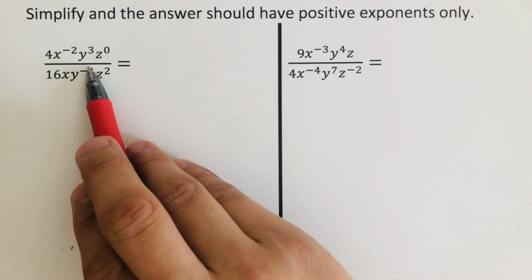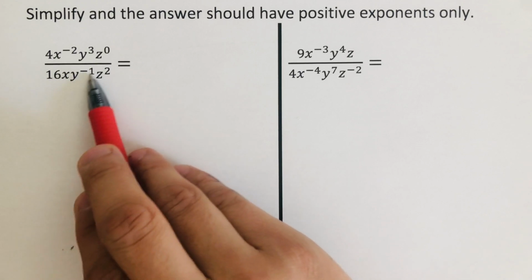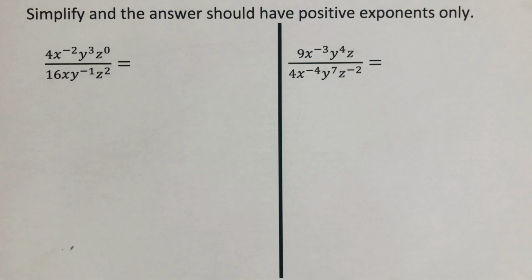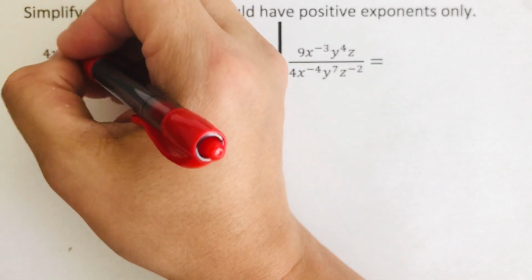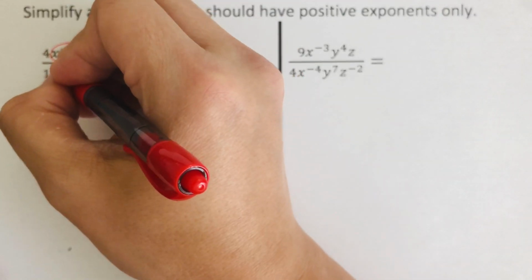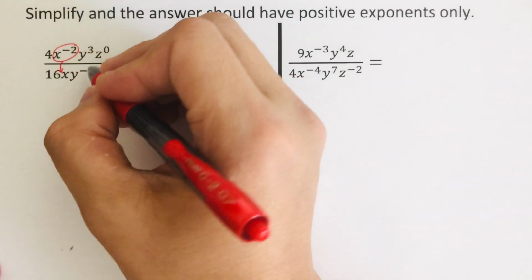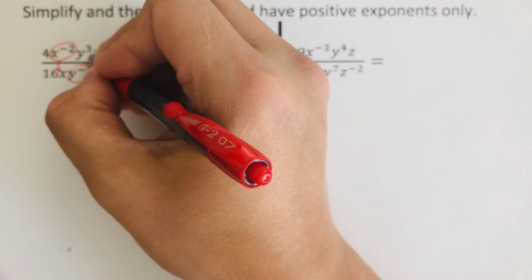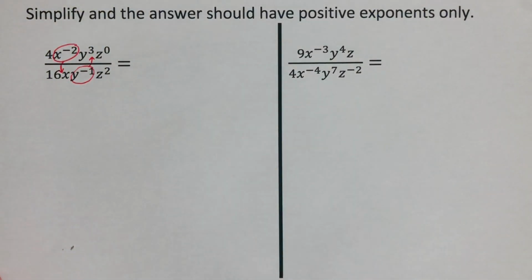And if the negative exponent is at the bottom, you move it to the top to make them positive. Because again, we wanted to have the positive. So that's a tip. So this x to the negative 2 here should be moved to the bottom to make it a positive. And this y to the negative 1 will be moved up to make it positive.